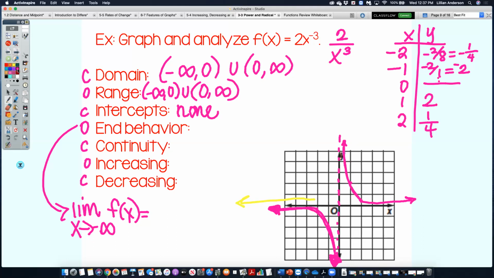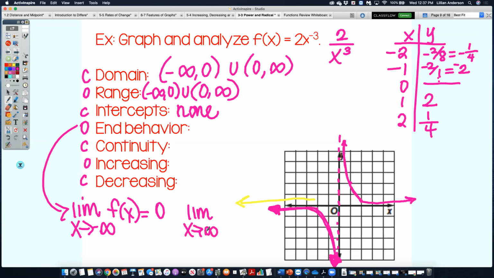It's getting closer to 0. Yes, it's getting closer to 0 because as we can see, as we get to -3 and -4 and -5, it's going to continue to get smaller and smaller and smaller.